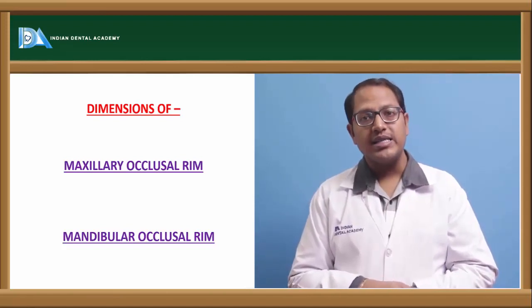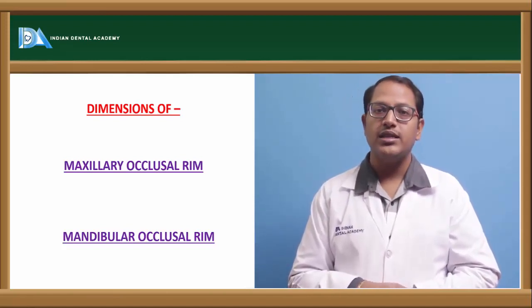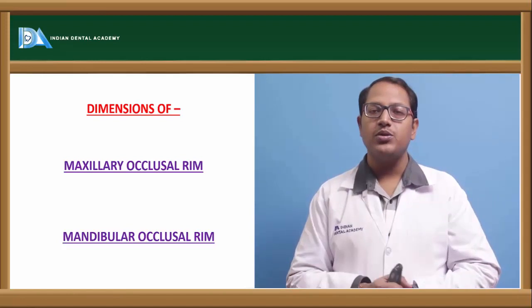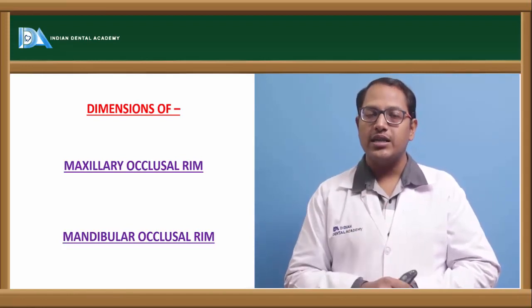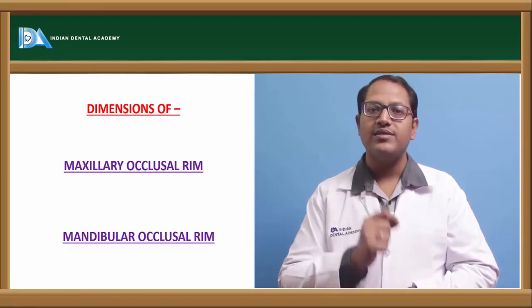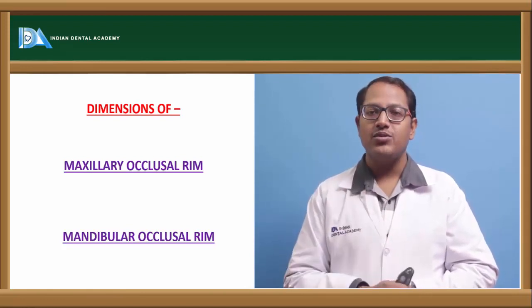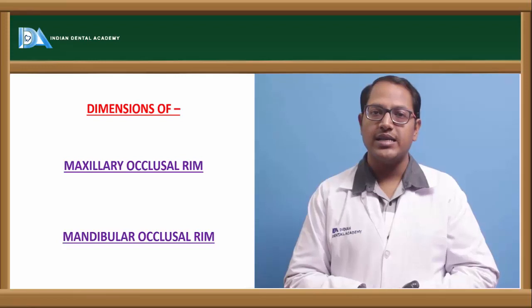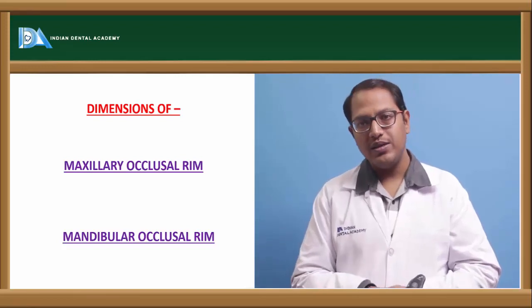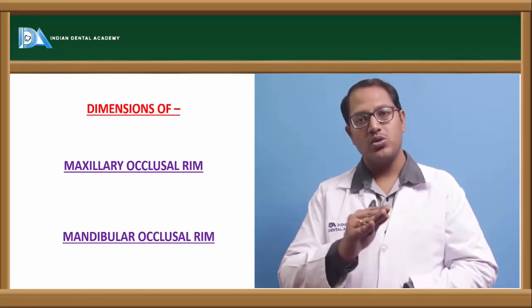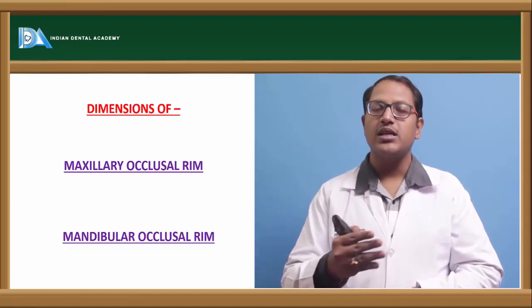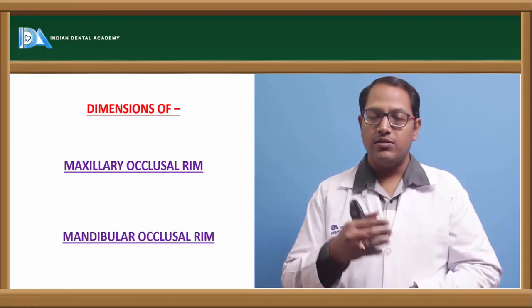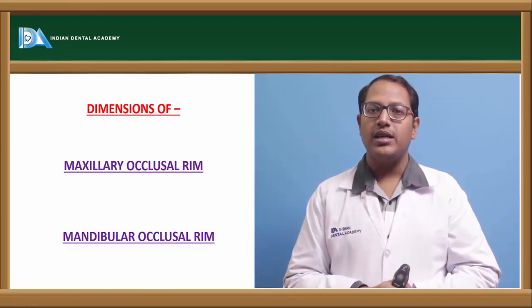Similarly, in the maxillary tuberosity region, there is a slope. So what are we supposed to do? We mark the tuberosity region and put a line across it on the cast, and the posterior limit of our wax rim should end at that region, because again there is a slope. If we arrange our teeth there, the forces are not going to be in the perpendicular direction.